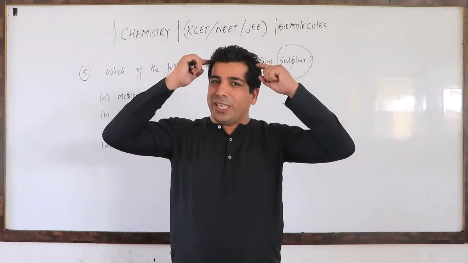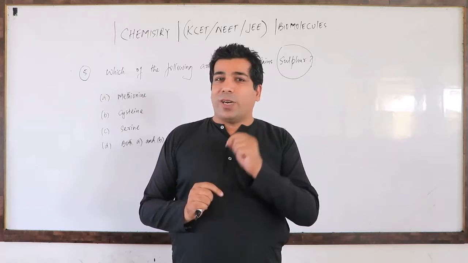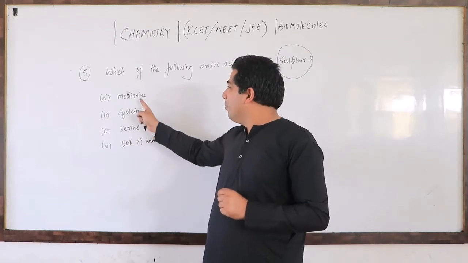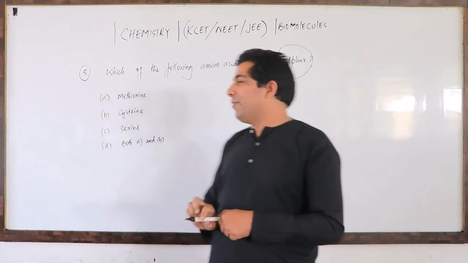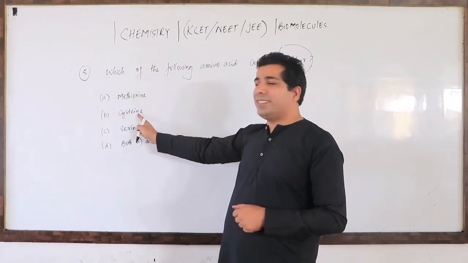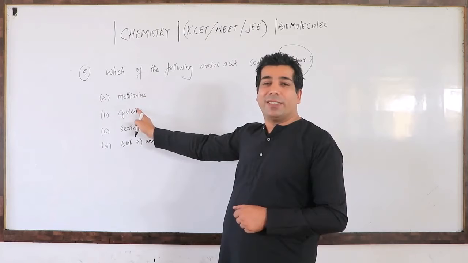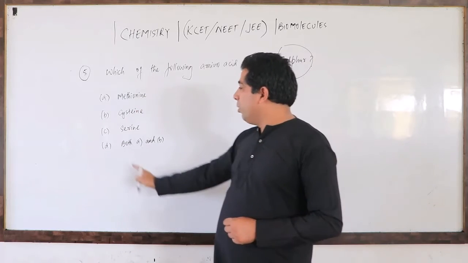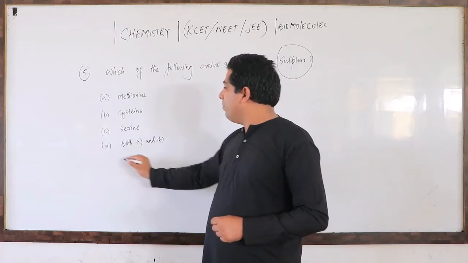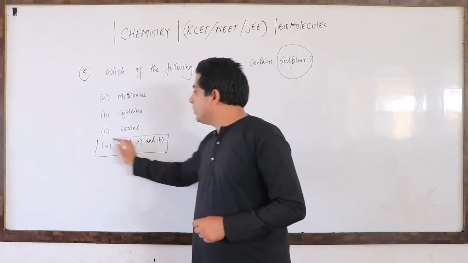But there is one more, that is methionine. Methionine also contains sulfur. So methionine and cysteine are the 2 amino acids that contain sulfur. So the answer is both A and B, so option D is the answer.